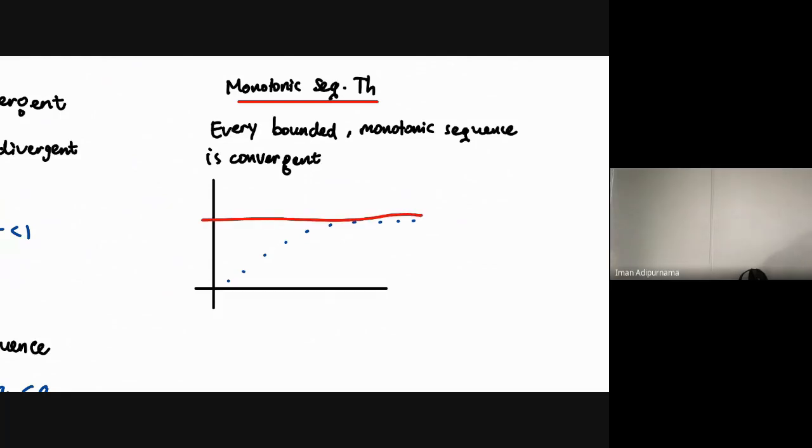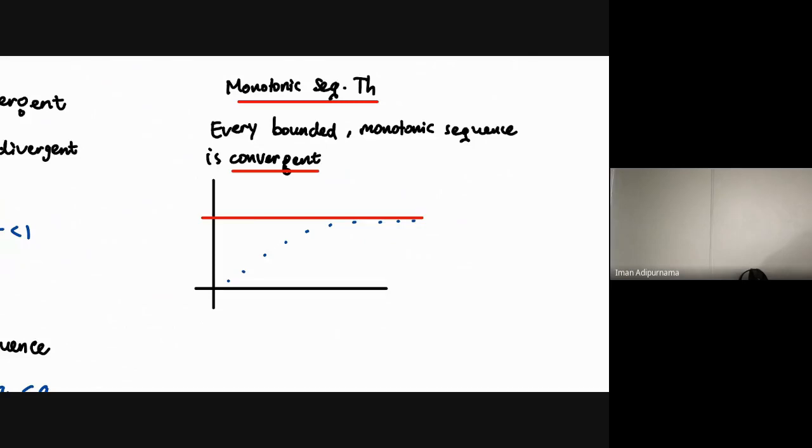So the theorem says it's always increasing, but it's bounded, and this way we conclude it converges. If it's only bounded but not monotonic, you cannot conclude that; it will probably diverge.